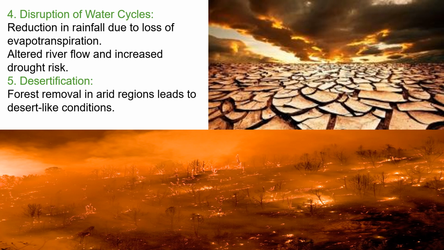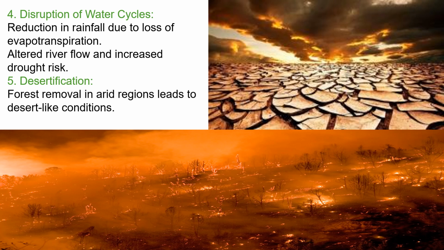And the other one is altered river flow and increased drought risk. As we all know, plants act as catchment areas. When you go to the uplands where the rivers begin from, trees act as catchment areas for rivers and for water. And this leads to the formation of rivers which flow downstream.